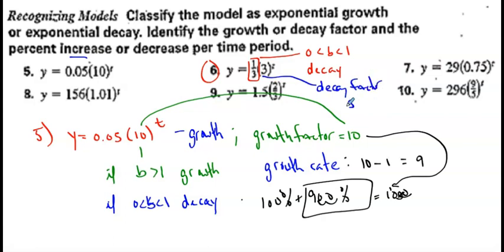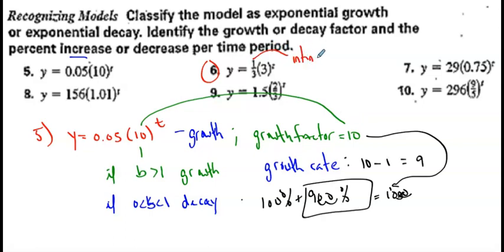Actually, sorry about that. Let's erase everything I just said. My bad. 1/3 is the initial, where I start. 3 is my growth factor.